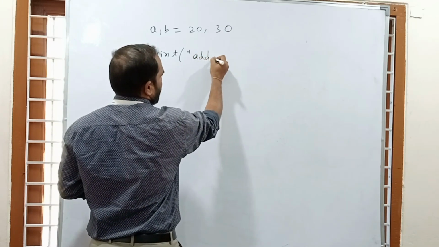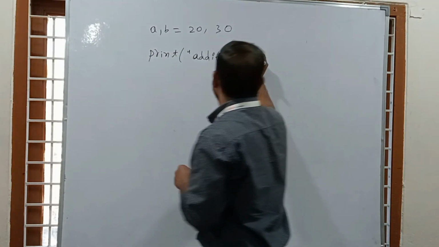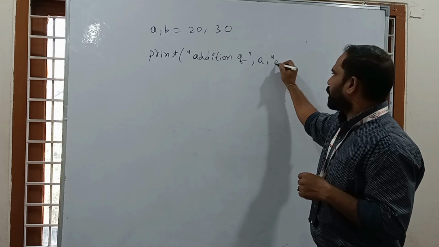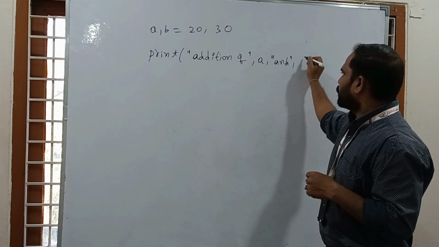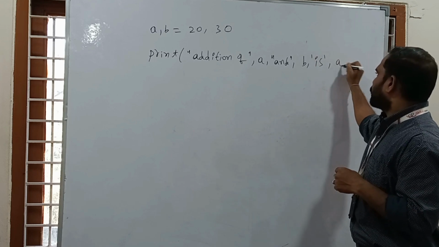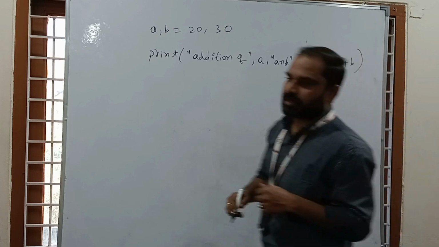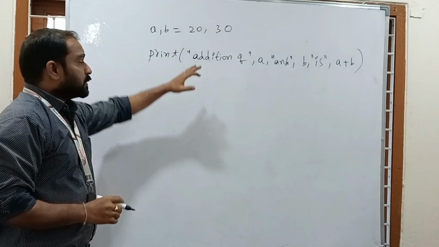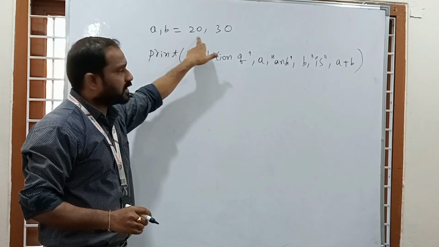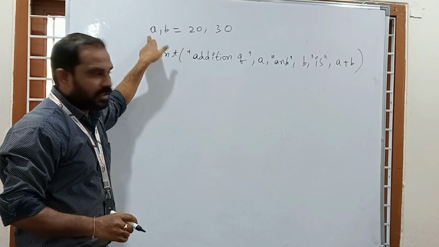Addition of, comma, A and B is, A plus B, inside single quote and double quote.